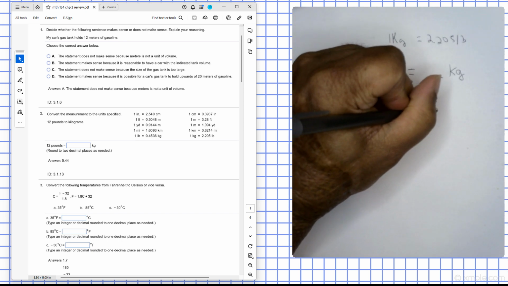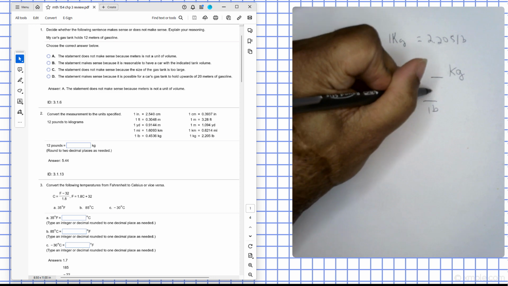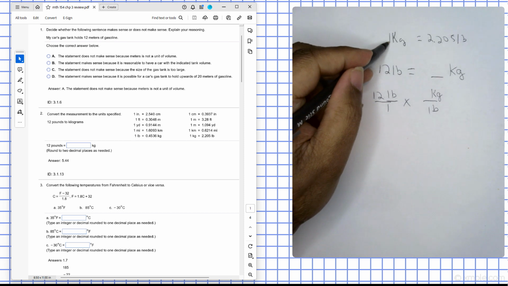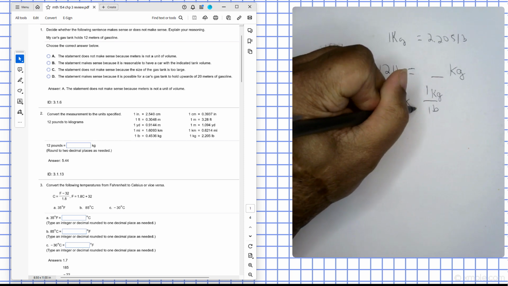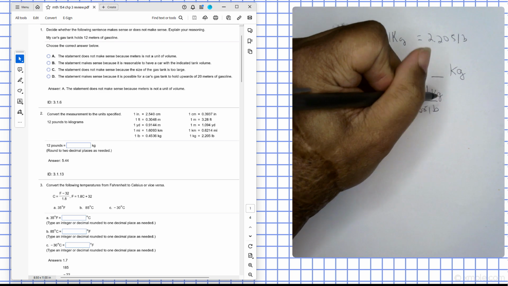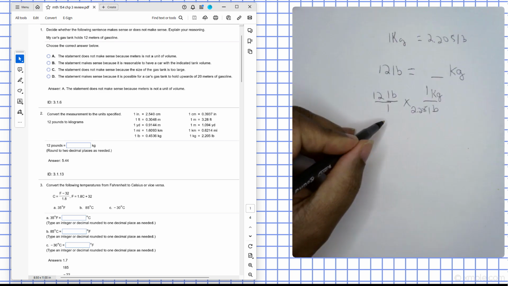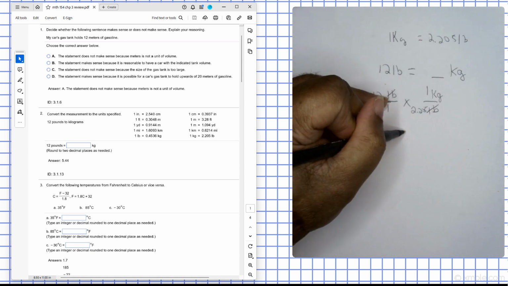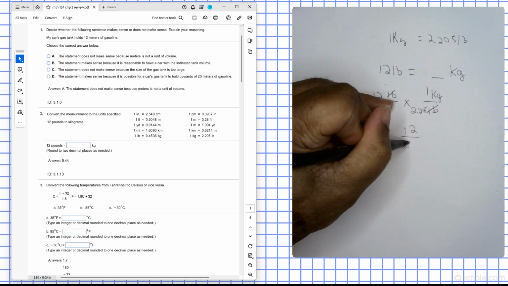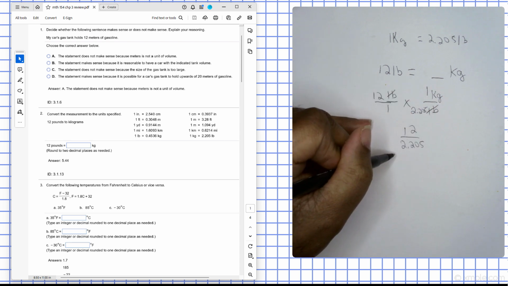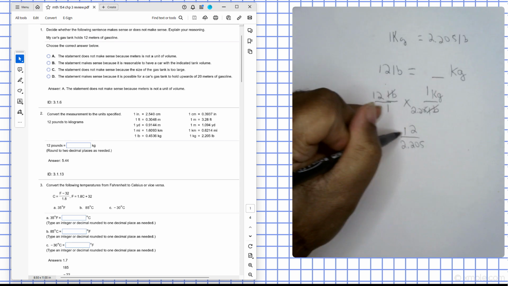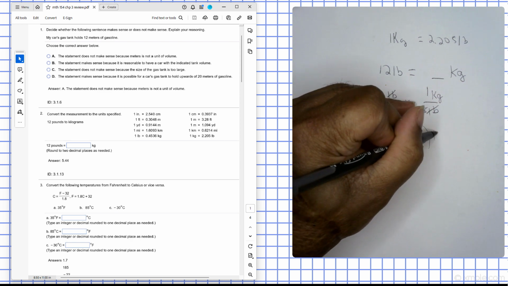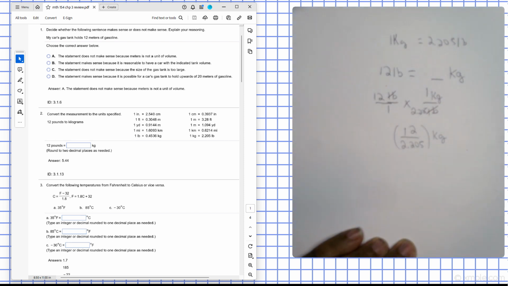So in our multiplying here, I want pounds to cancel out, and I'll replace it with kilograms. Since 1 kilogram is 2.205 pounds, when I multiply, pounds cancel out, and across the top I'm going to have 12 times 1, which is 12, divided by 2.205 kilograms.